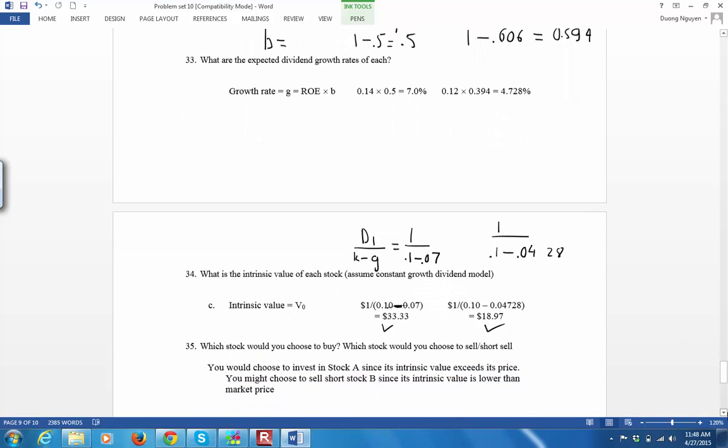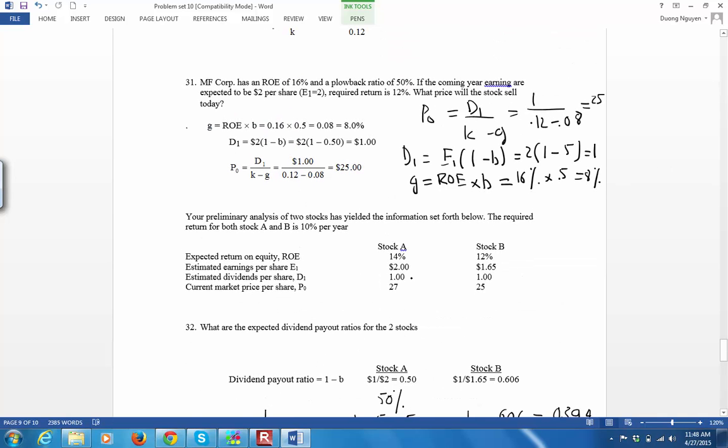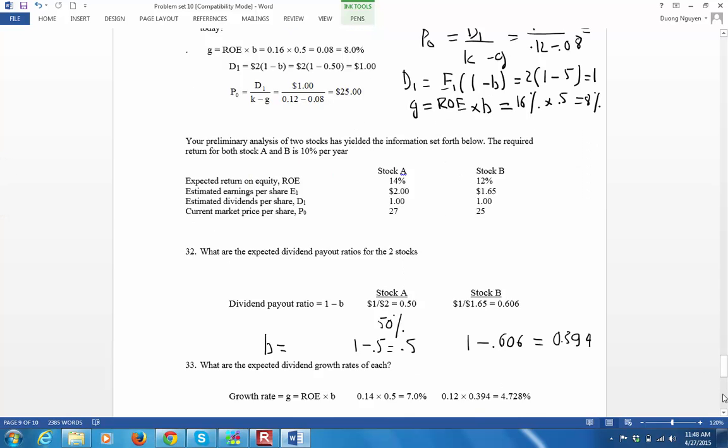Alright, which one do you buy? Which one do you sell? The intrinsic value of the first one is 33.33. The current price in the market for the first one is $27, and the second one is 25.